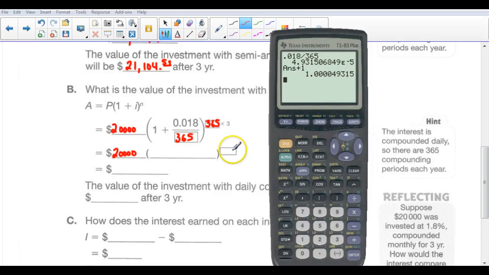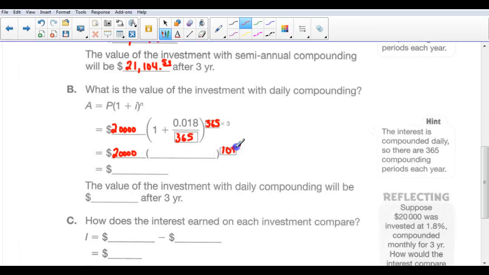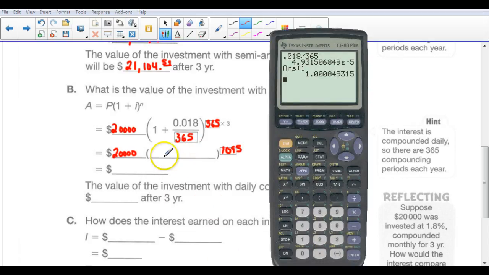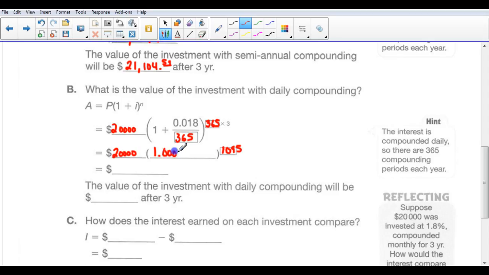And then it's going to be to the exponent of 365 times 3, which works out to 1,095. So I'll just go back to my calculator and I'll write this number in here. It's 1.00004932. Notice how many numbers I have to carry it to?